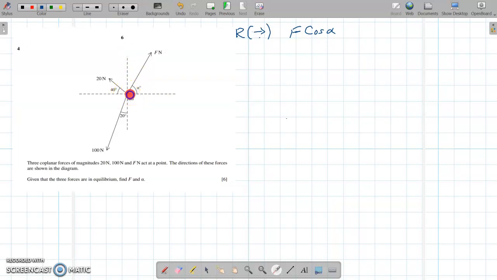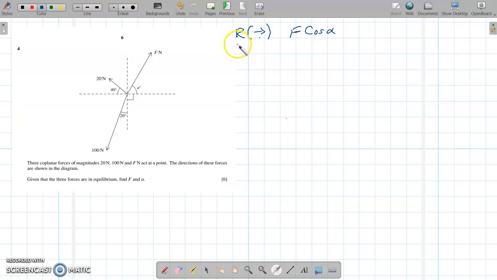In this direction it's F cos that angle, but in that direction it's F sine that angle. Or if you want, you can also say it's F cos this angle. Well, that angle is going to be 90 minus alpha. So you could argue, if you resolve it in that direction, it's F times cos, in brackets, 90 minus alpha, which is a bit messy. It's better to call that resolved direction as F sine alpha.